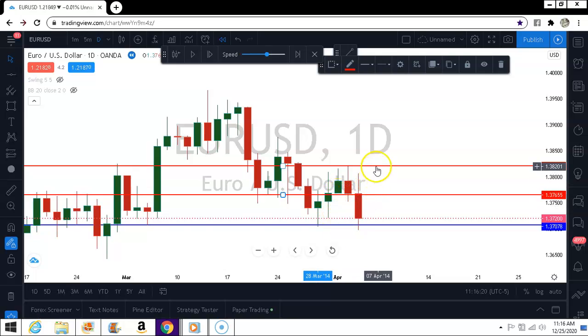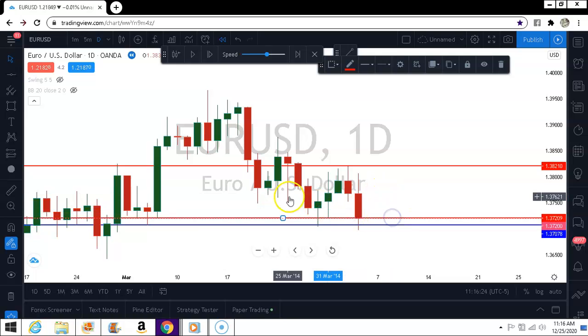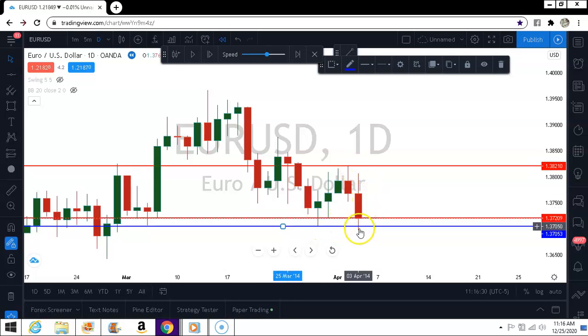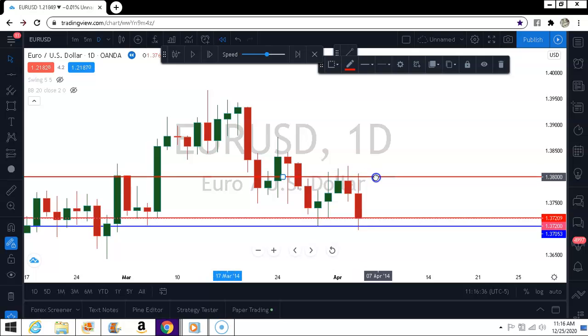So the new area of where it closed is right here, right at support, above this line right here, with momentum. So I'm going to state that price is going to remain below this point.